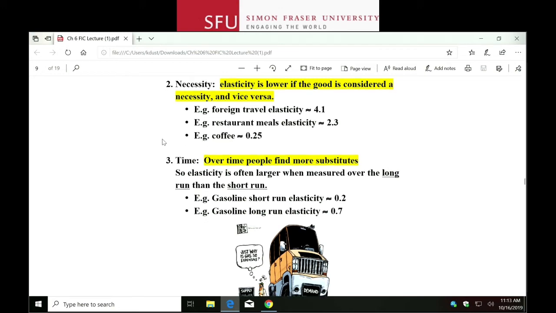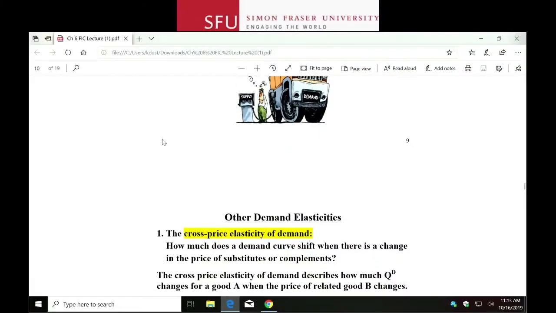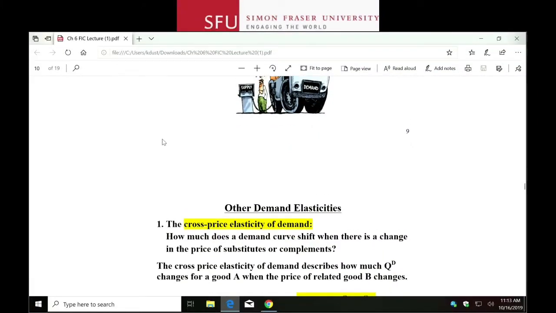All right, so first one is related goods. So this one is called cross-price elasticity of demand. I know, they're long titles. Cross-price elasticity of demand.